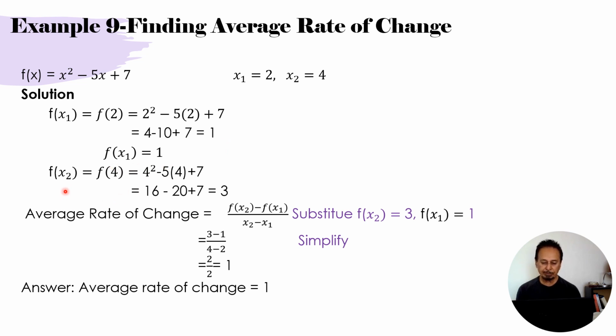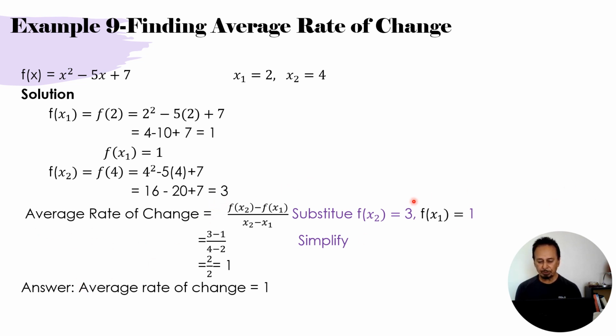Now we find f of x2, which means we find f of 4. We substitute 4, so we get 4 squared minus 5 times 4 plus 7. 4 squared is 16, 5 times 4 is 20, plus 7. 16 minus 20 is -4, plus 7 equals 3. So f of x2 equals 3.